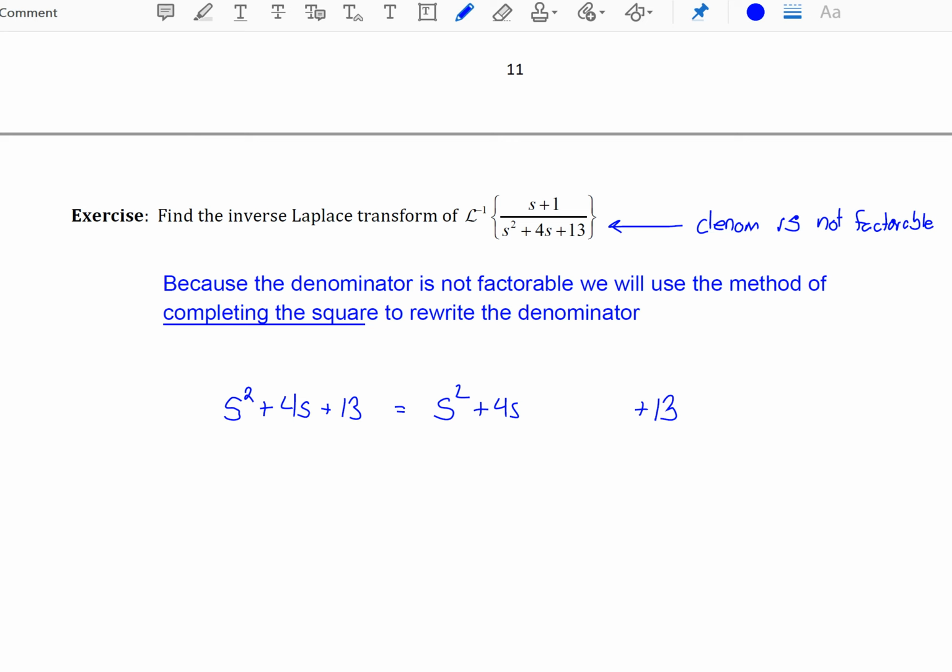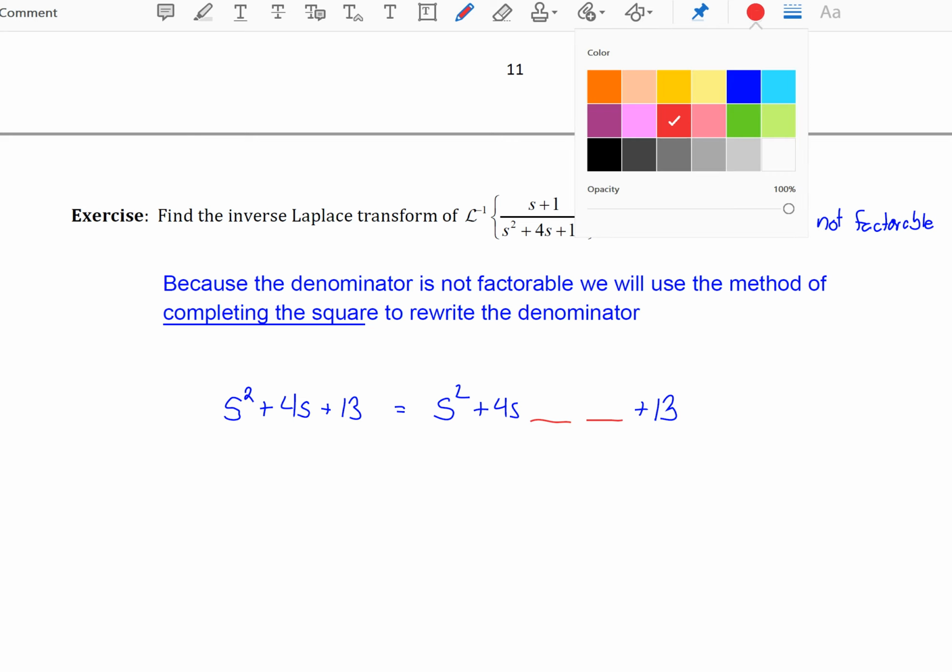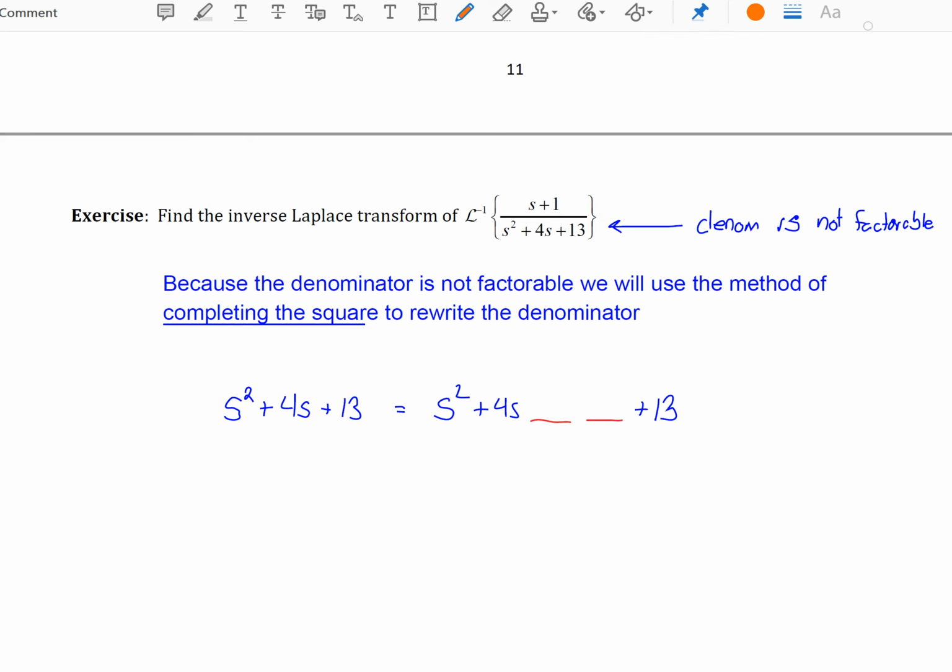And you'd like to add and subtract just the perfect number here. Add this number and then subtract the same number, so that after you add and subtract this perfect number, it makes it so that the first three terms are a factorable perfect square trinomial.